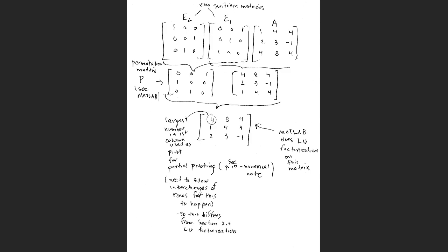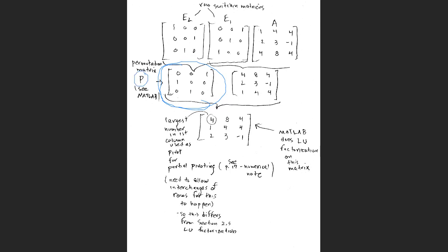So we found L and U. We have that matrix L, we have the matrix U, and we have this matrix P, the permutation matrix.